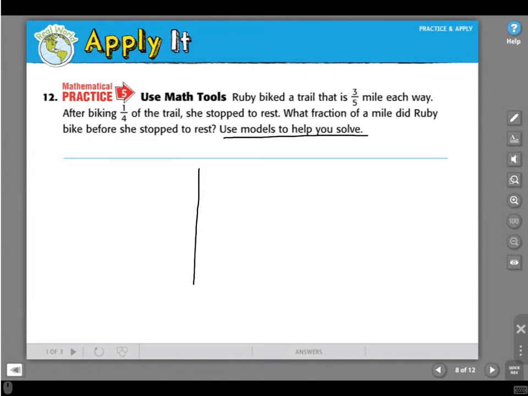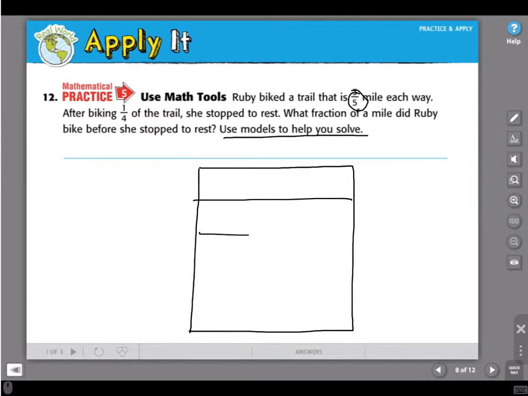Well, I'm going to draw a model, and I'll need to double check. How many equal rows do I need to make? 5. And how many equal columns do I need to make? I need to make 4.